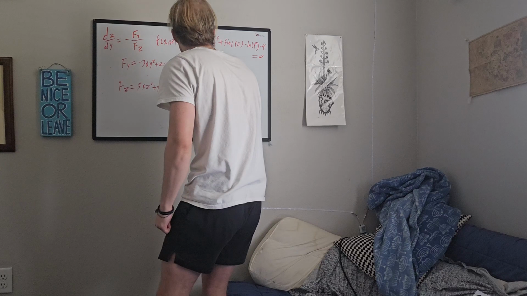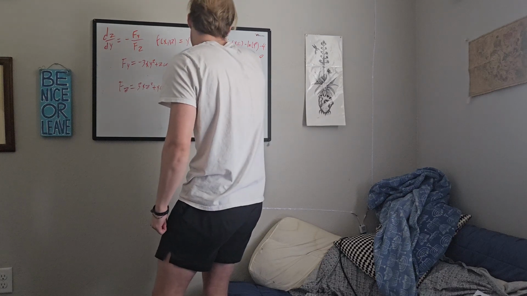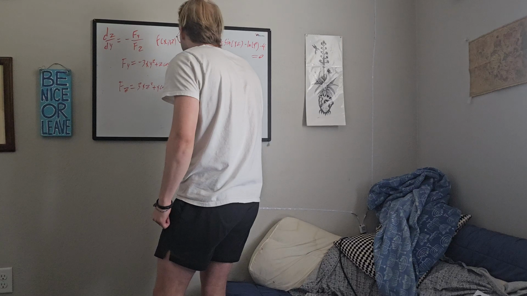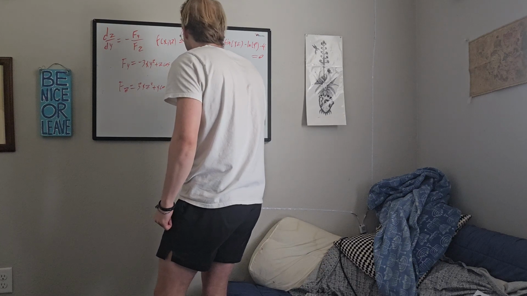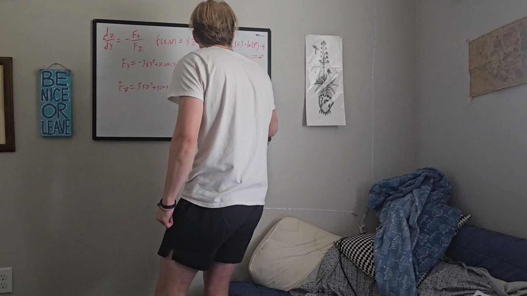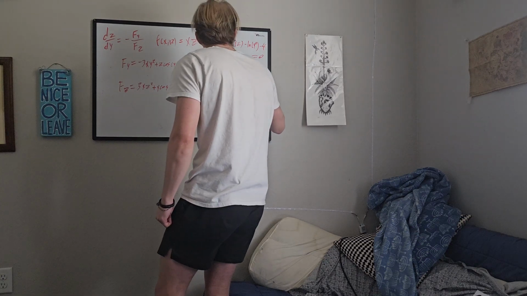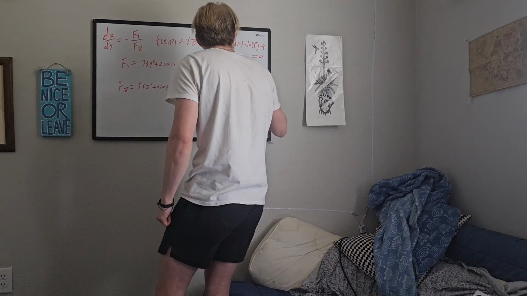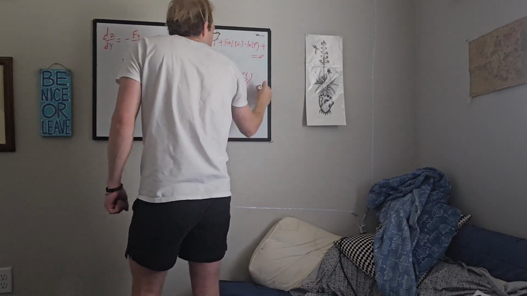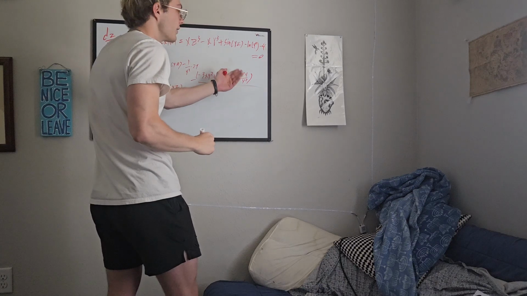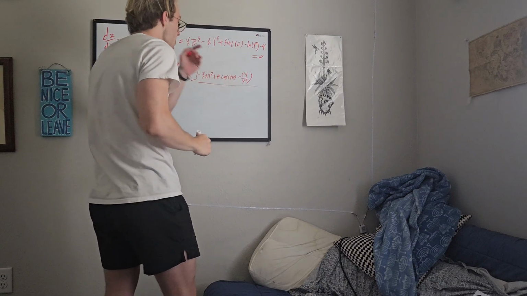So negative fy is z cosine of yz minus 2y over y squared. And I could reduce it, because it's just y over y. It's really just negative 2 over y.